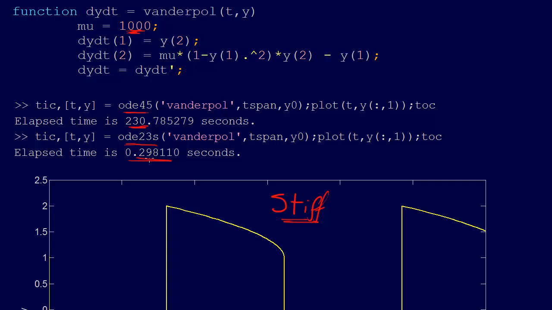Now, sure, just waiting a few minutes isn't that big of a deal on this problem, but if you have a problem where you're solving possibly hundreds or thousands of variables, and you're waiting days or weeks or months to get a solution using a method like ODE45, that order of speed up is a very, very, very big deal, and it means a lot in terms of monetary resources.